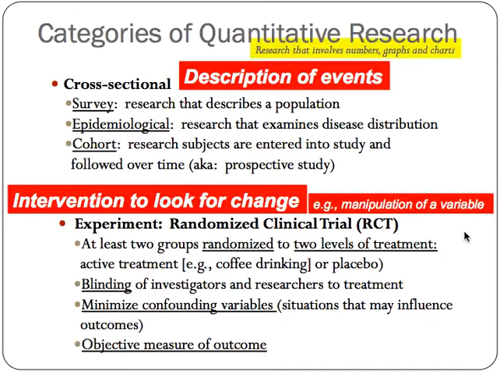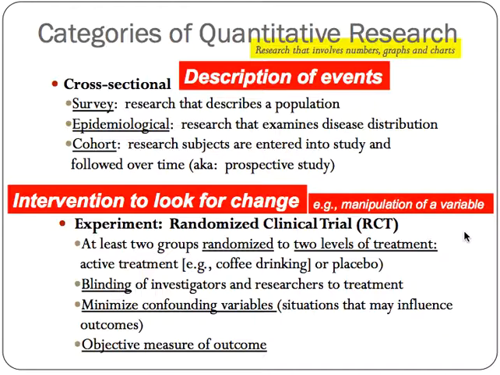Research that may be looking at a single point in time or over a long period, such as a cohort study. But it's important to know that this research is simply observational and there's no intervention that takes place. Again, in cross-sectional research, you're not manipulating a variable, you're just observing a phenomenon.